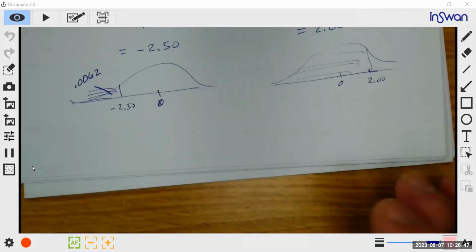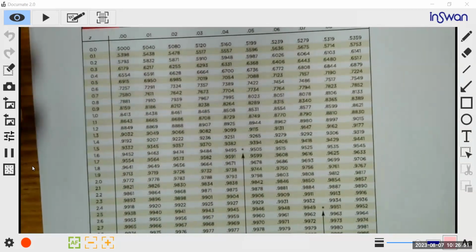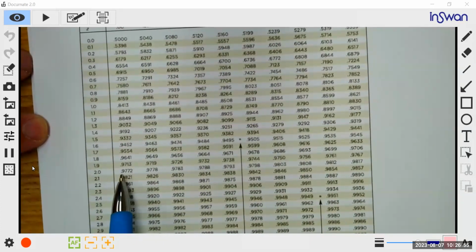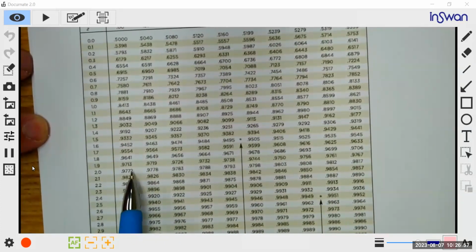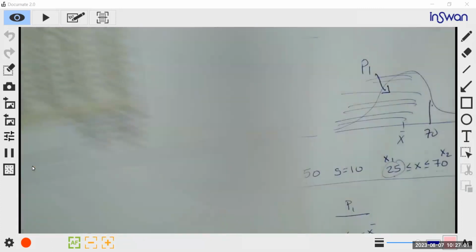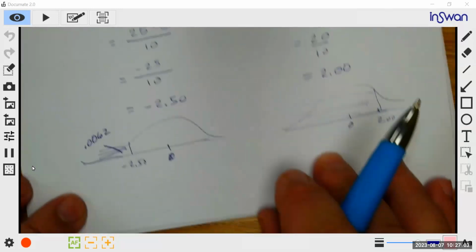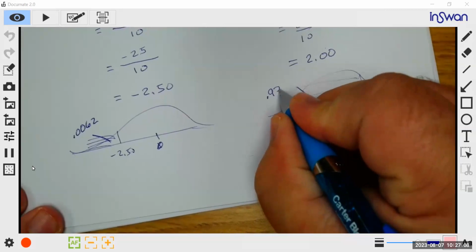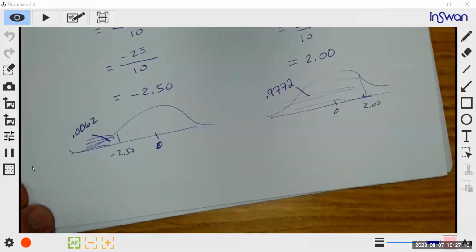And this one is a positive at 2.0. So we go to 2.0, which is 0.9772. So this is 0.9772.